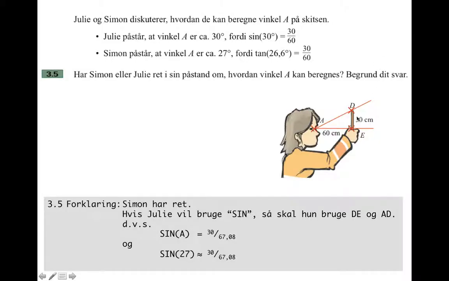So you've got the 30 and the 60 that we know, and 30 is opposite in relation to angle A, and 60 is adjacent in relation to angle A. That's called hosliggende in Danish.